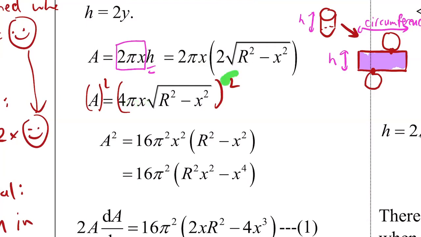So you end up with 4 squared, which is 16, pi squared, x squared, and then the square root, you square it, no more square root. So far, okay? Then you can bring the x squared in. So r squared x squared minus x to the power 4.